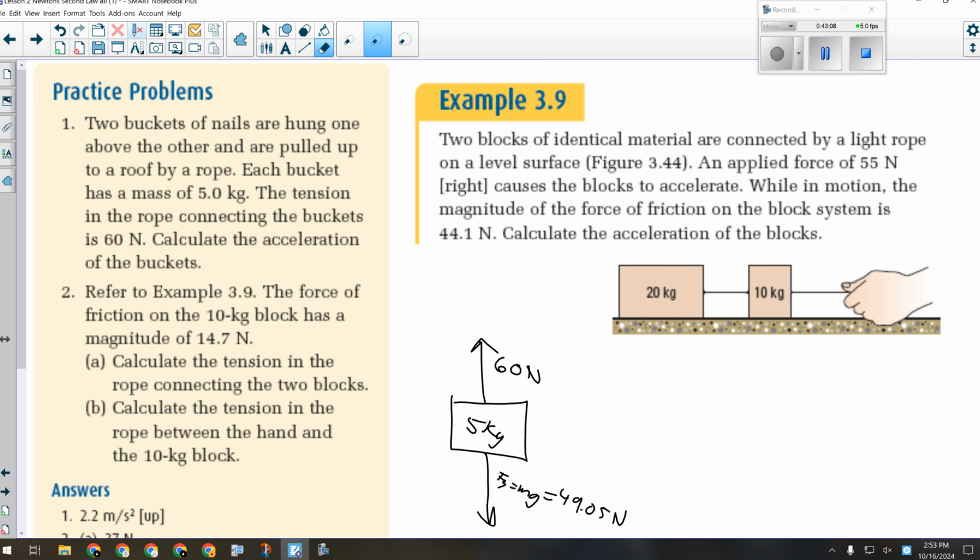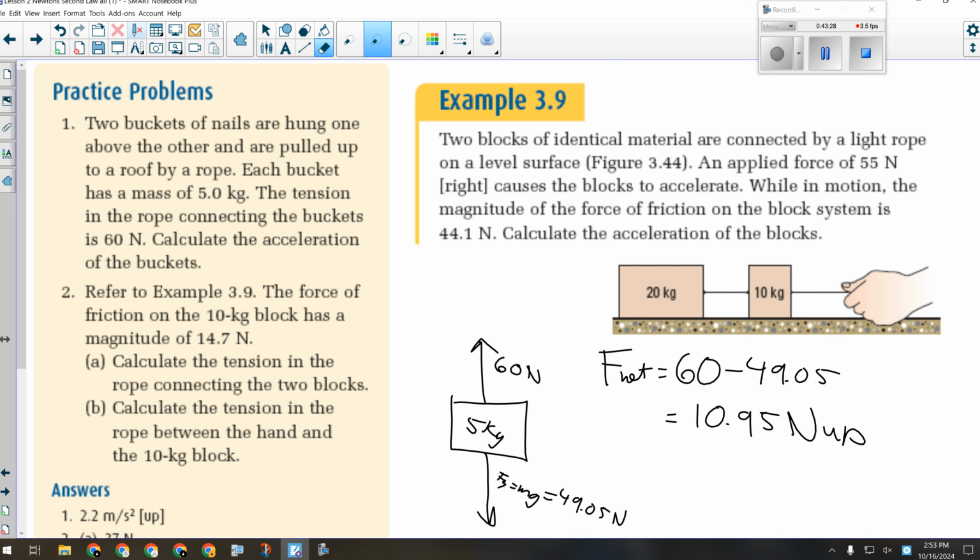So can I calculate the net force on the bottom bucket? Okay, so I've got the net force acting on the bottom bucket. Since the top and bottom buckets are part of a system, they have the same acceleration.